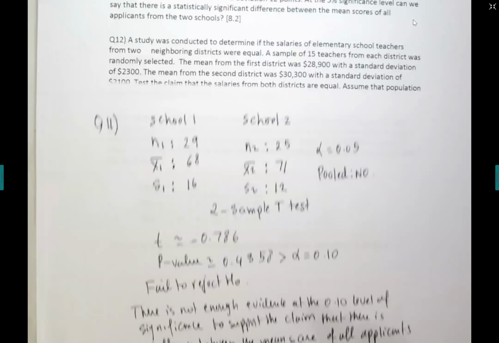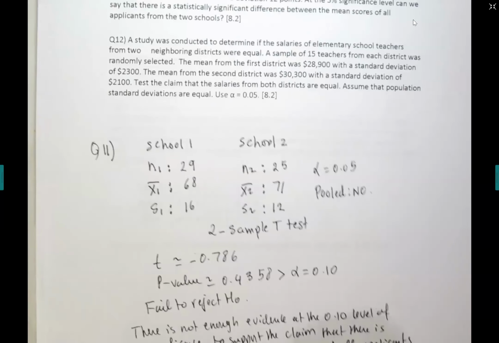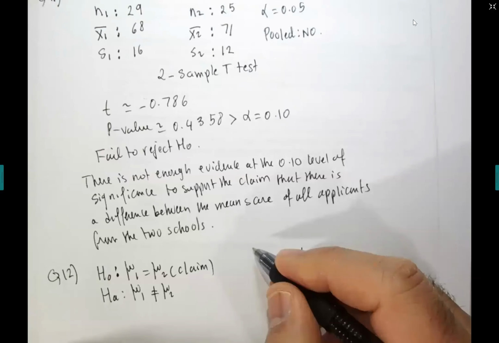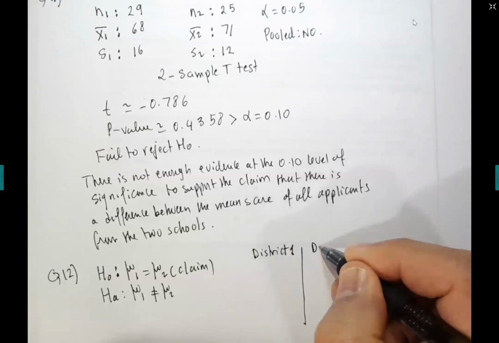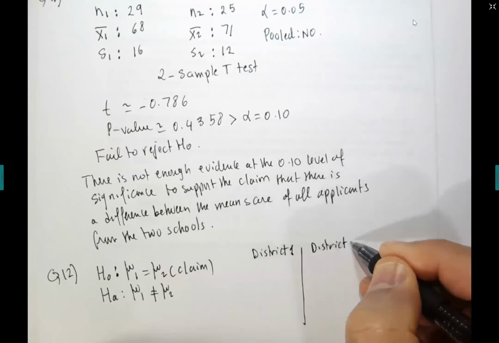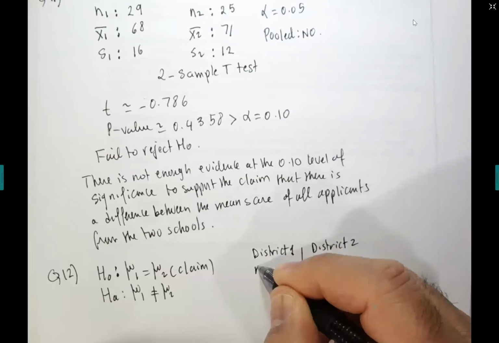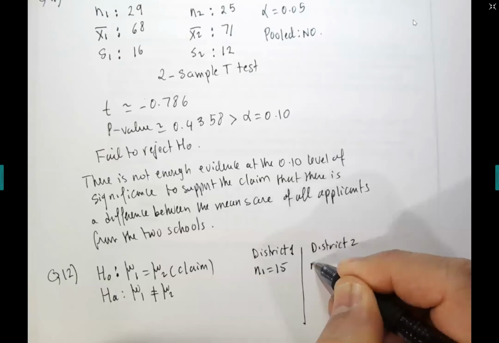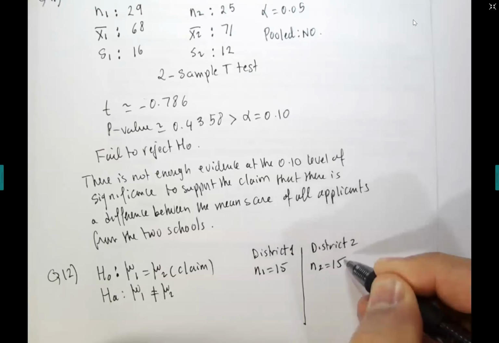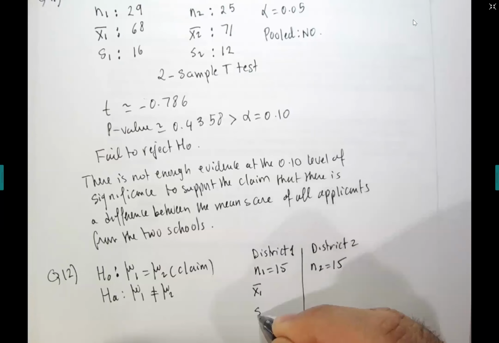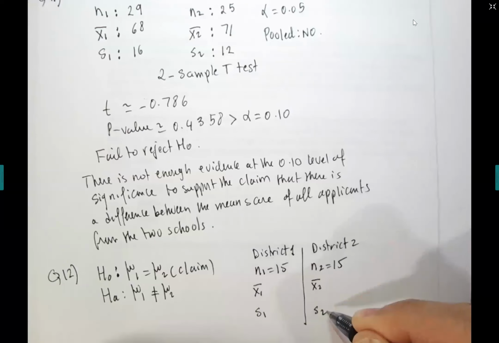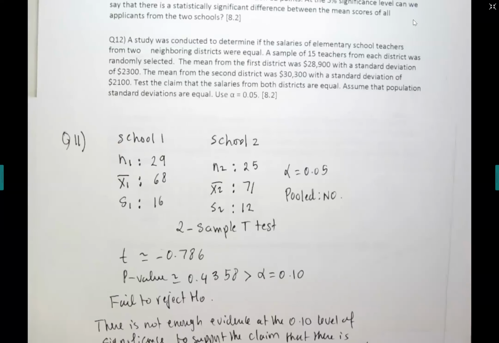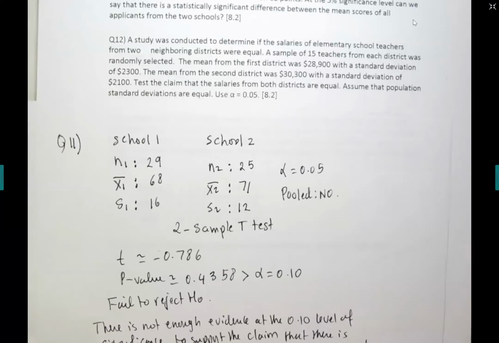And if we get the details, guys, we do two districts here. District 1, District 2. He says 15 teachers from each school. So N1 is 15 and N2 is 15. He gives you X1 bar, he gives you S1, he gives you X2 bar, and he gives you S2, and then he gives you alpha. That's all I need. So 28,900 and 2,300.